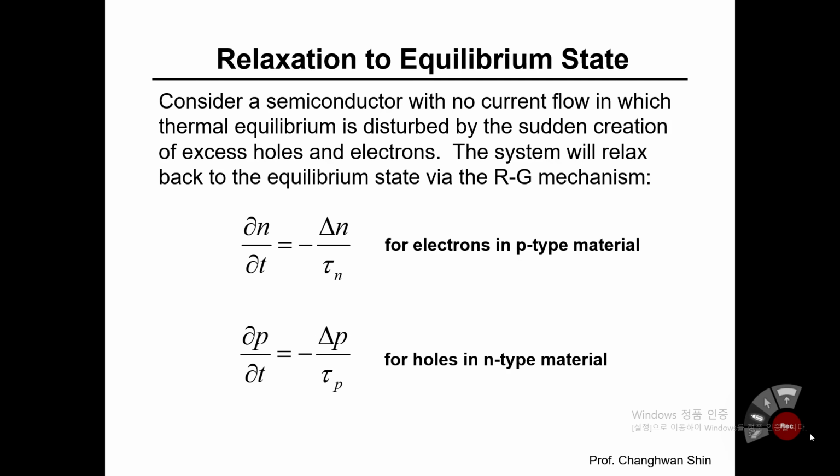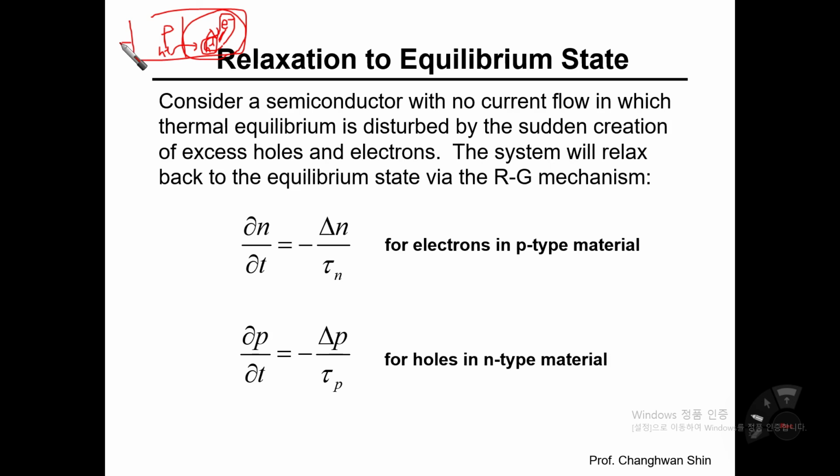All right, so that's for the indirect recombination rate. And now let's move on to the next slide, relaxation to equilibrium state. Actually, I have already explained this concept. In a PN diode, the hole is now injected into the N side, and this hole would recombine with the electron. Then this N side would prefer to return to the thermal equilibrium state.